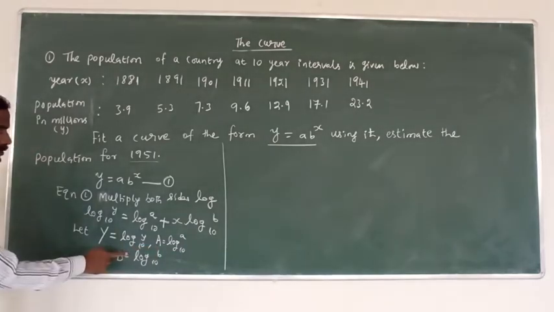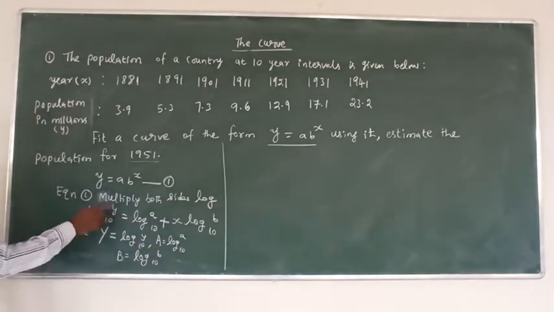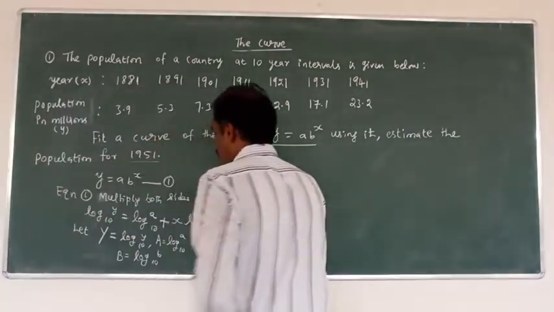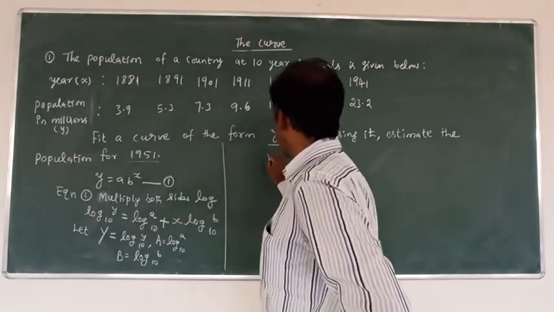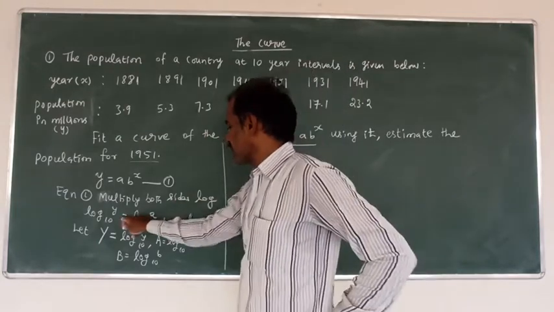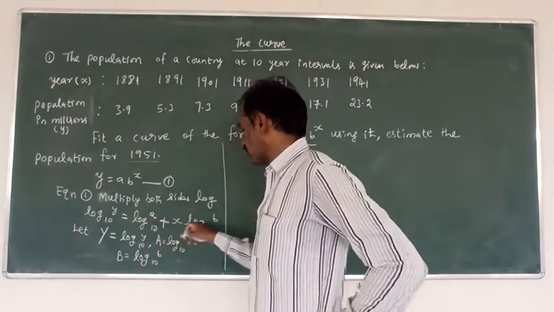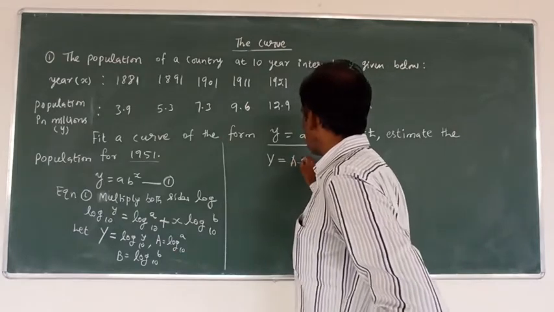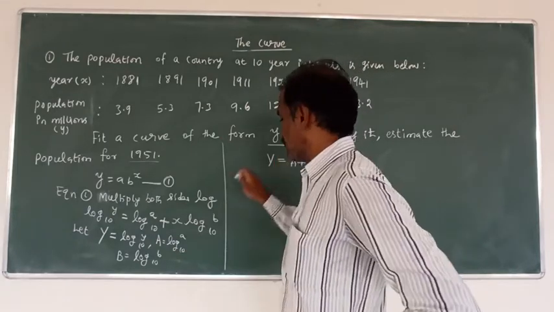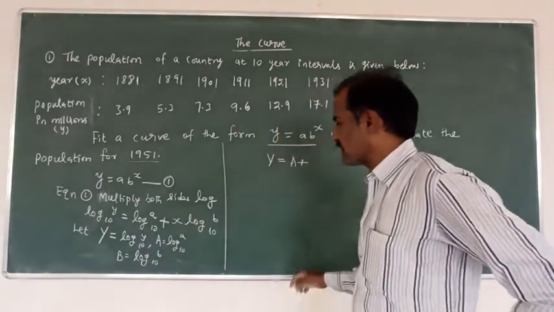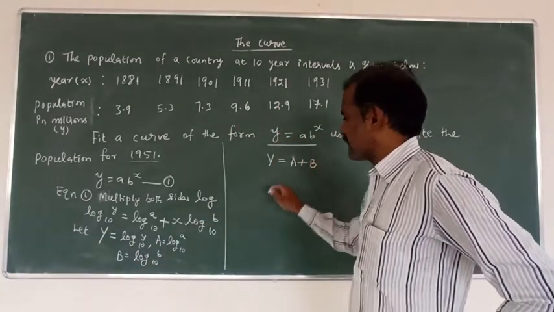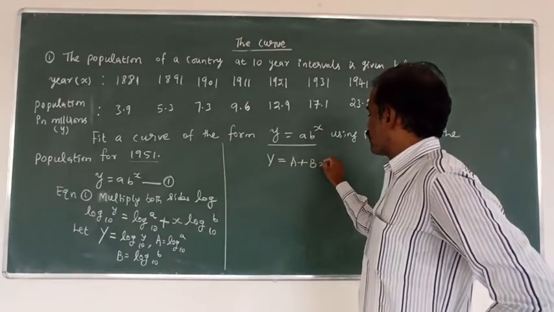This value substituted here will give log 10 y, which we can consider as capital Y, equal to log A, meaning capital A, plus log 10 power b, which we can consider as capital B, and then small x.